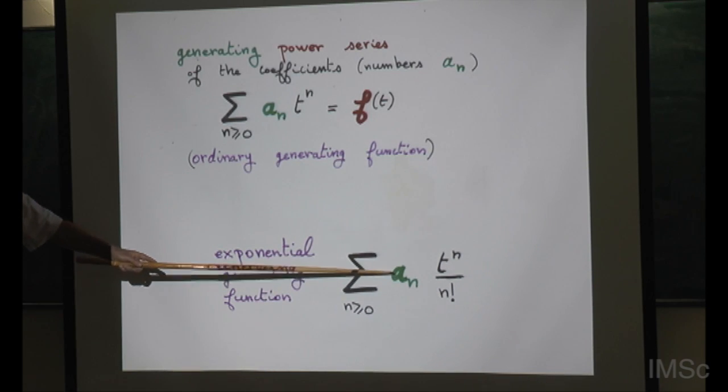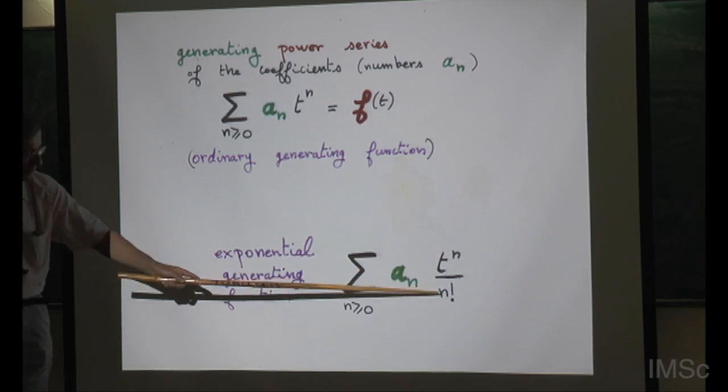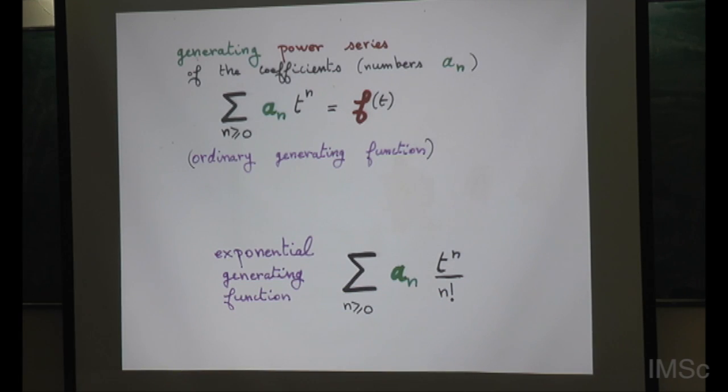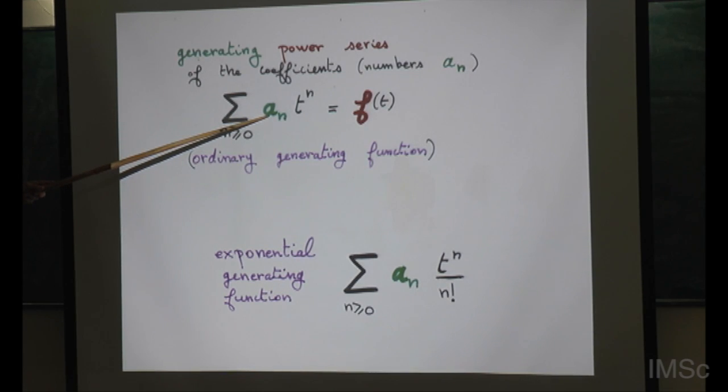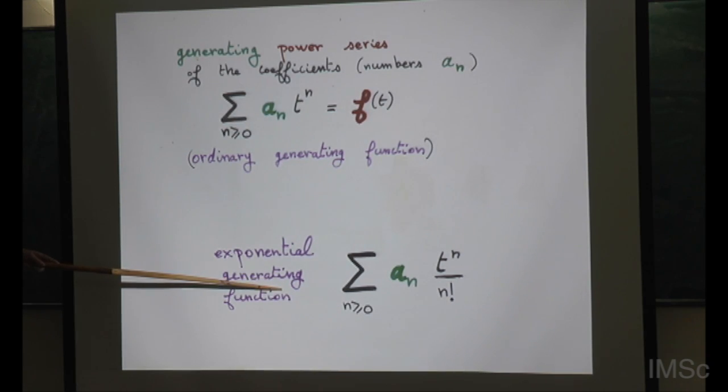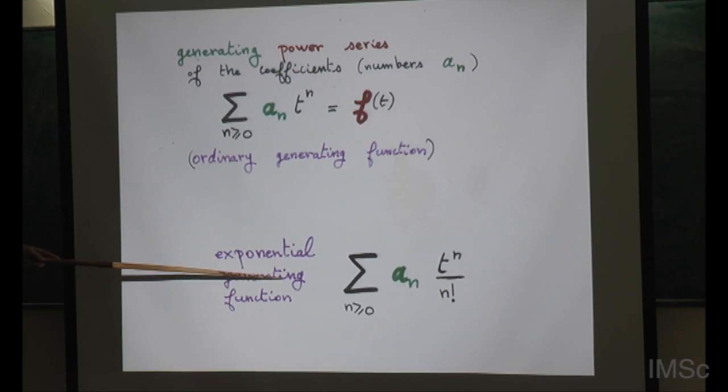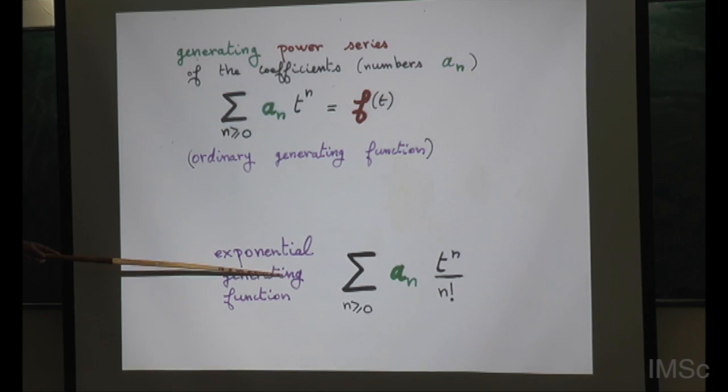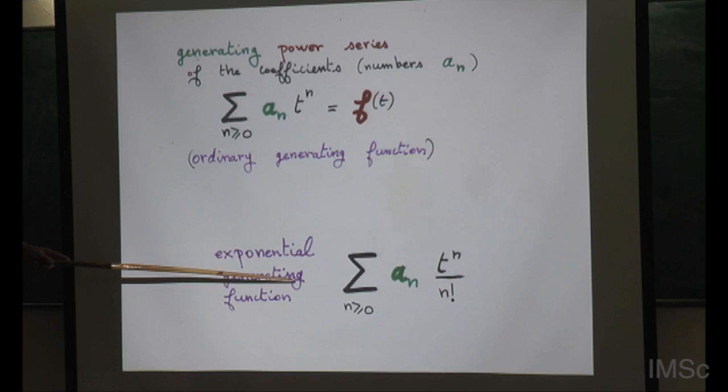It's the same, but instead of putting an, I put an divided by n factorial. So some problems in combinatorics fit very well in this setting, and some problems fit very well here. The typical example is Catalan numbers. For n factorial, for permutations, or we have seen Hermite polynomials, we have seen many other structures with exponential structure which fit very well with this generating function.